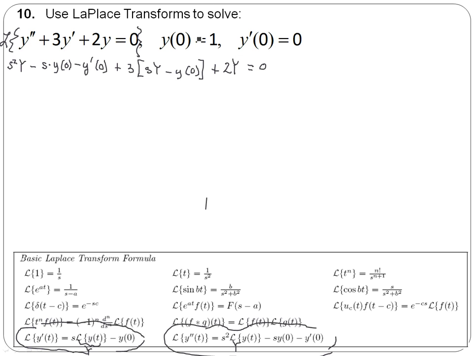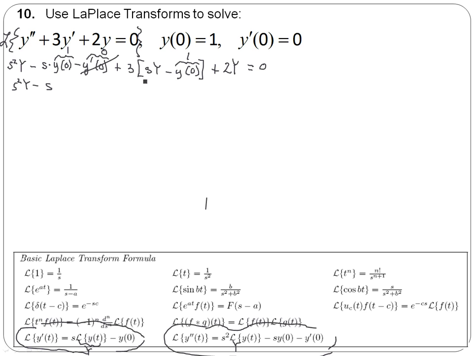Okay. Now let's substitute in our initial values. y of 0 is 1, so this becomes 1. This one becomes 1. And y prime of 0 is 0, so this drops out. So simplifying, I have s squared Y minus s times 1, that's s.